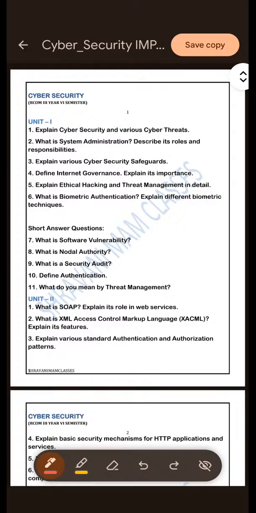Coming to the second question, what is system administration? Describe its roles and responsibilities. First you need to explain system administration: it involves managing and maintaining computer systems and networks.